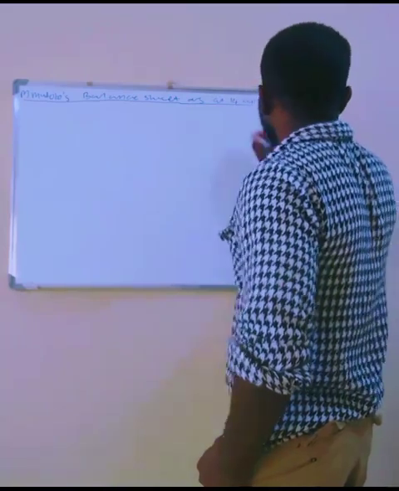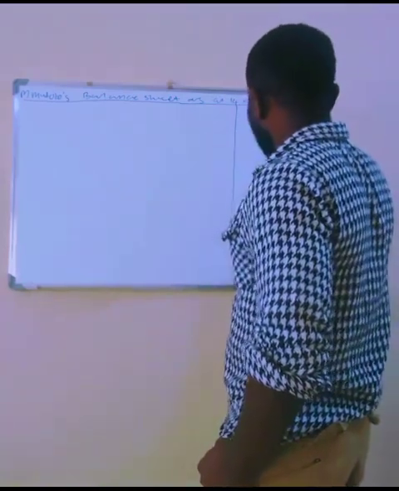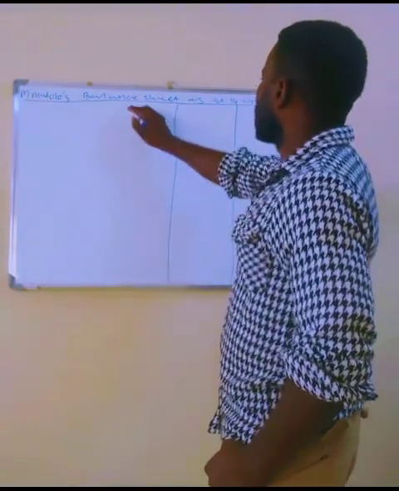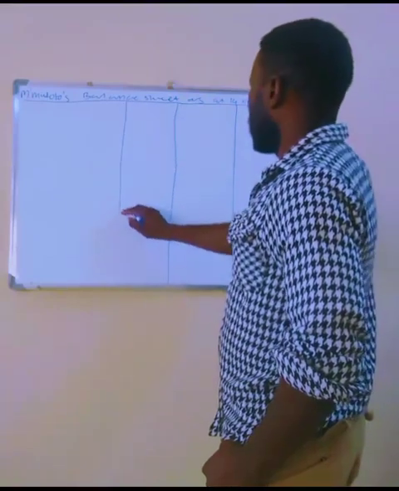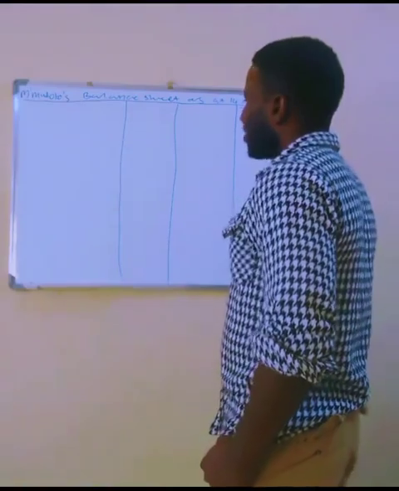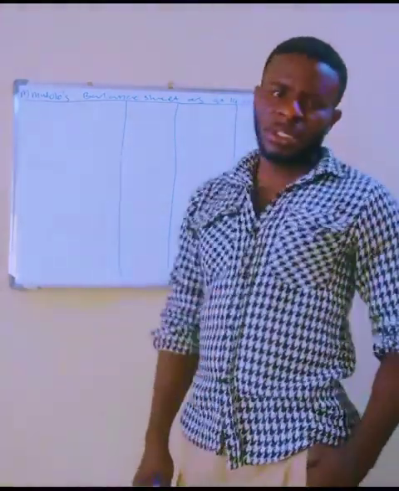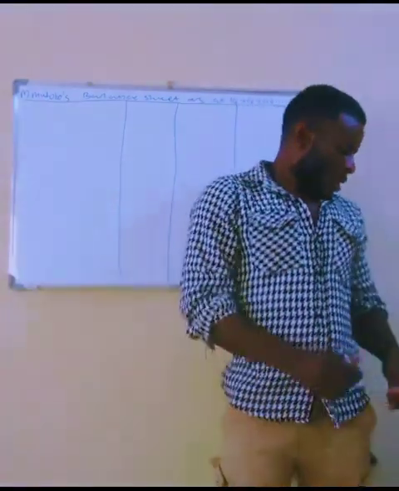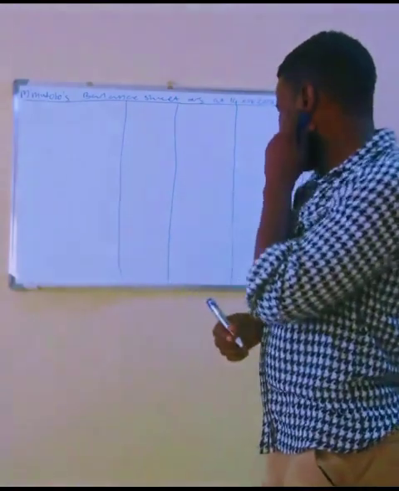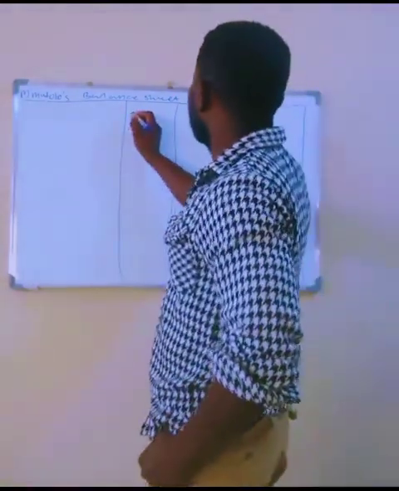Like this, there are 3 columns. That column, that other column there. This one is too big. Okay, no problem. Let me introduce this format.